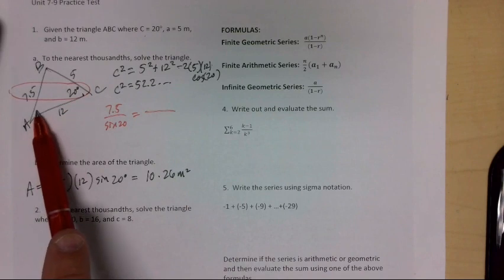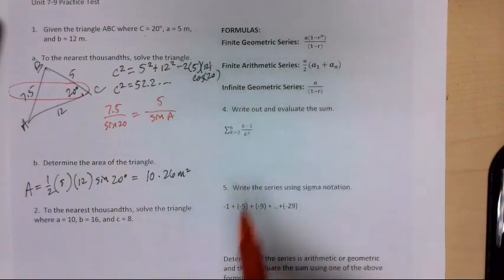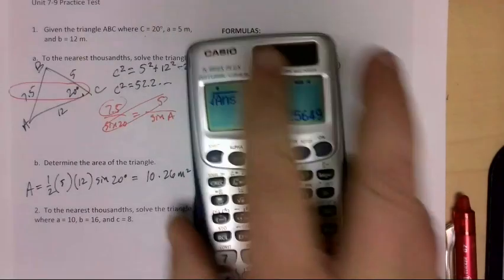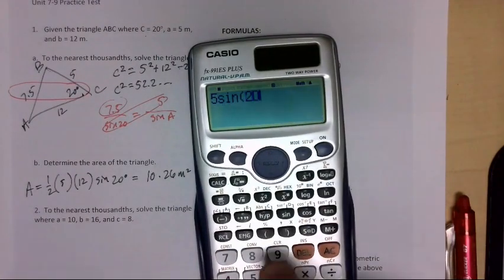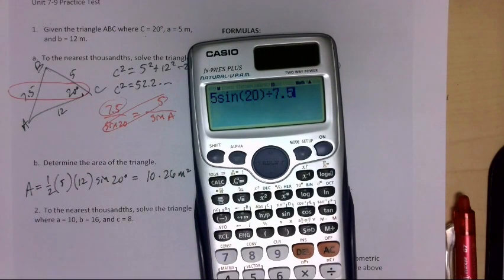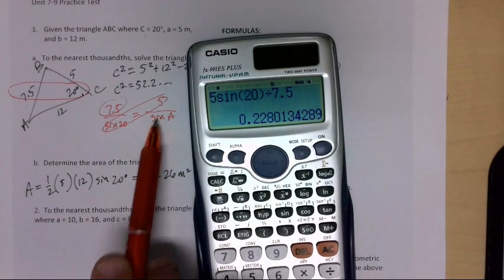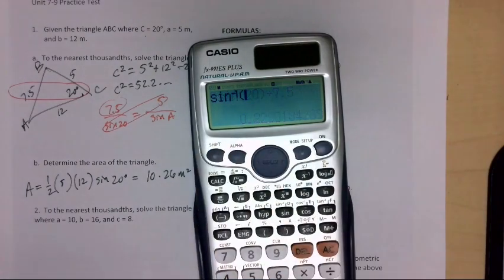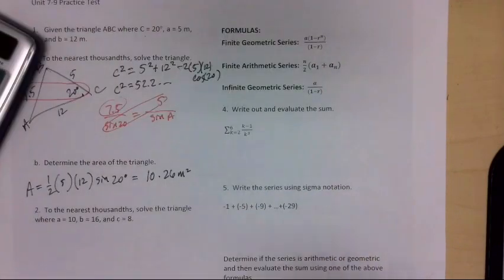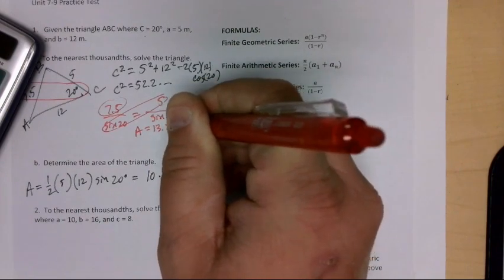So I'm going to find this one first. 5 over the sine of A, take a cross product: 5 times the sine of 20, all divided by 7.5. That's equal to the sine of A. So I need to take the inverse sine of that, and that gives me 13.2. So A is 13.2 degrees.